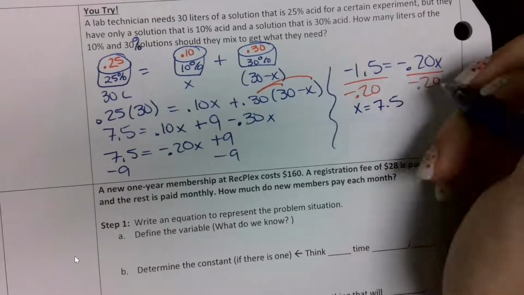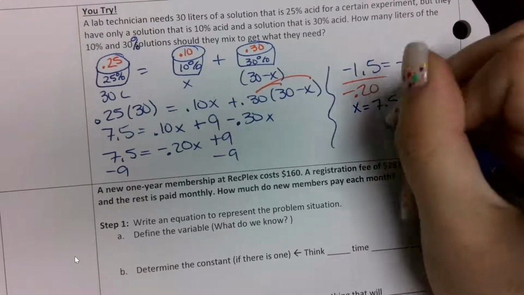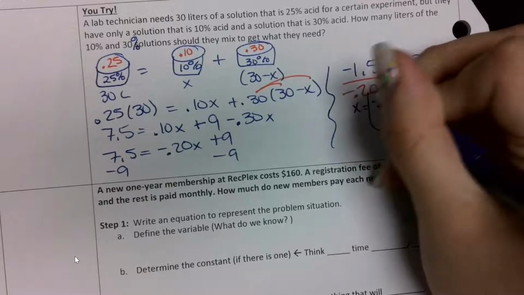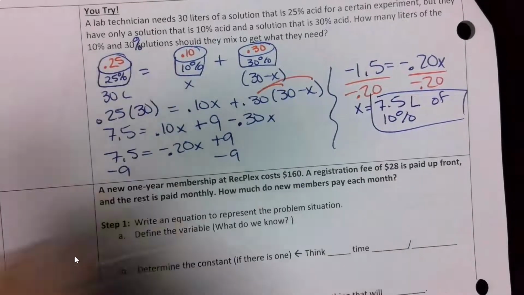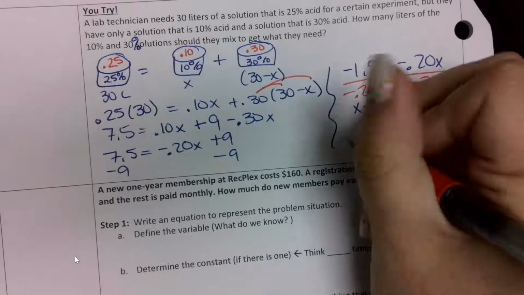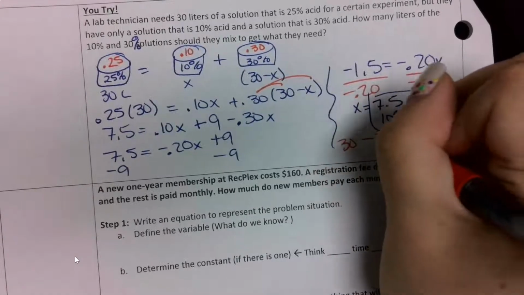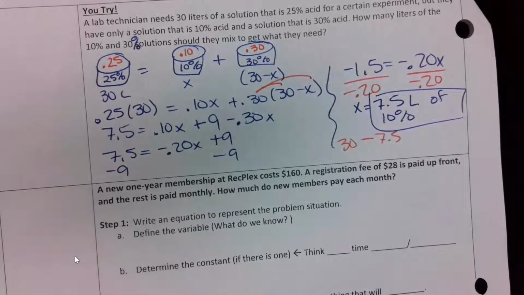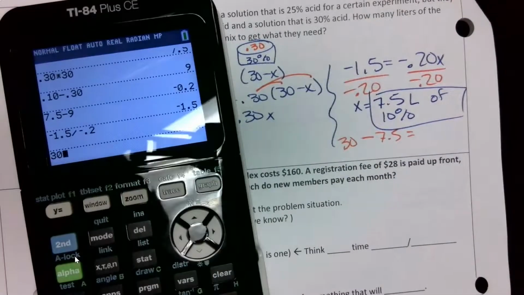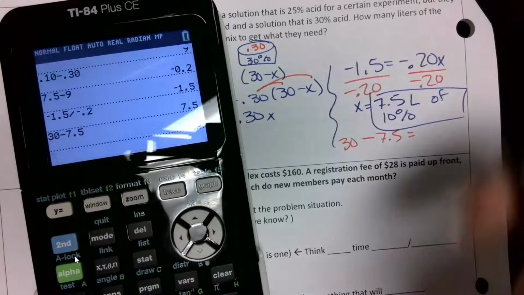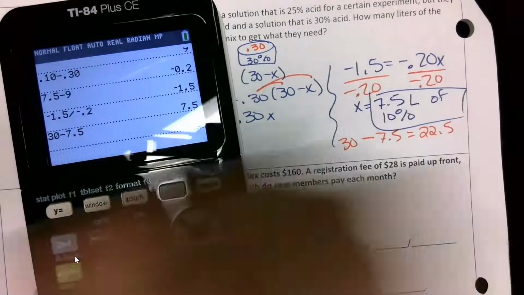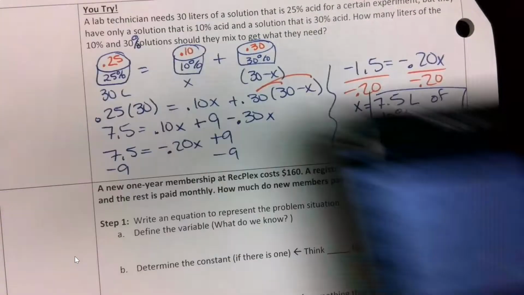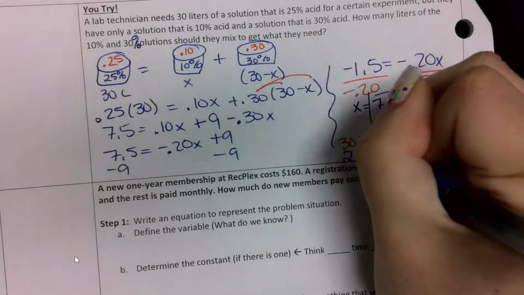So I have 7.5 liters of the 10% because the x went with 10%. Then I need to figure out how much is in my 30%. So I'm going to take 30 minus the 7.5, which, if I do that on my calculator, gets me 22.5. So I have 22.5 liters of my 30%.